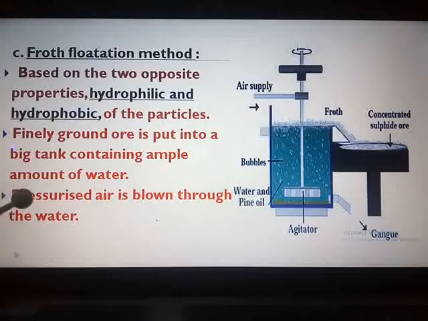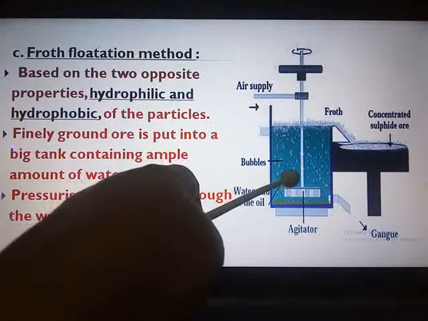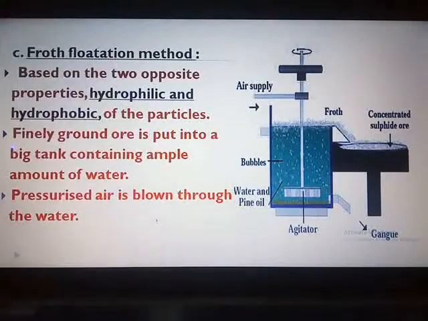Then pressurized air is blown through the water. There is an agitator rotating around its axis in the center of the flotation tank. You have seen how mother prepares buttermilk and separates the cream from the curds which are allowed to set in the refrigerator.